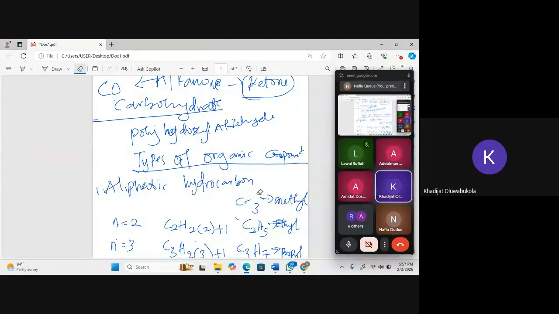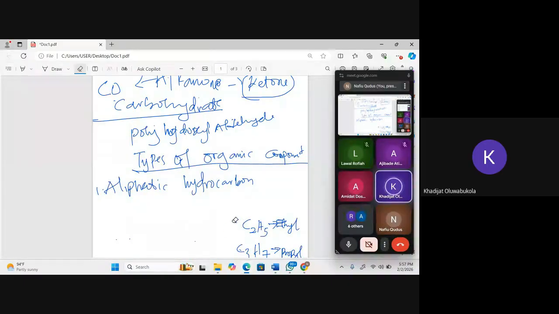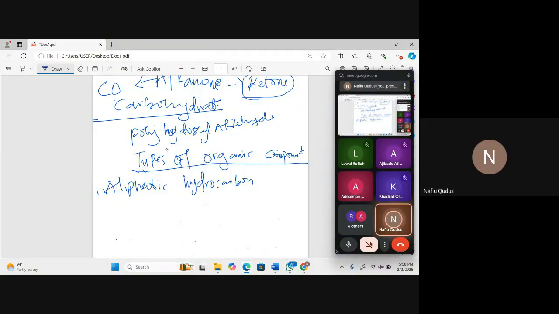Aromatic. We have aliphatic, aromatic, and what more? We have aliphatic hydrocarbon.